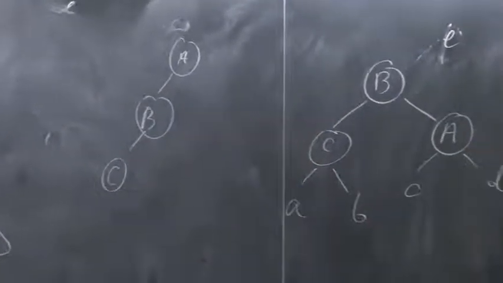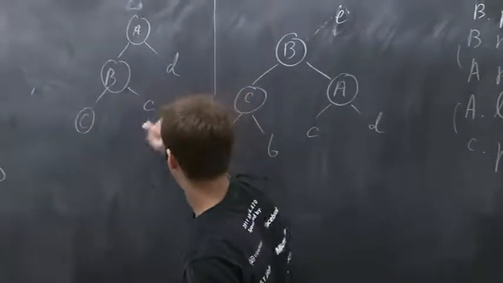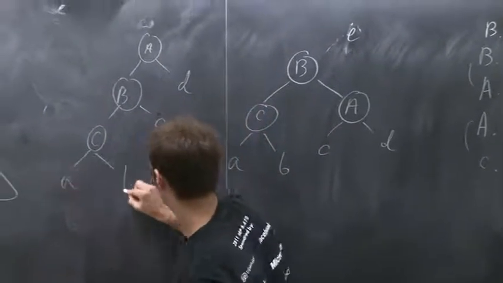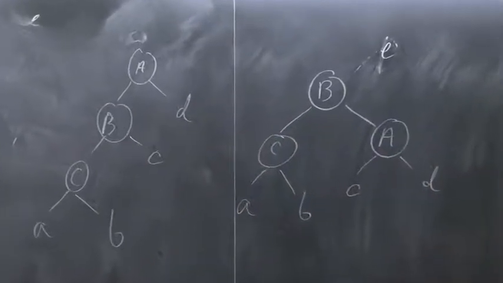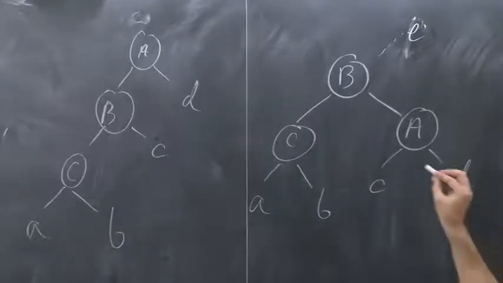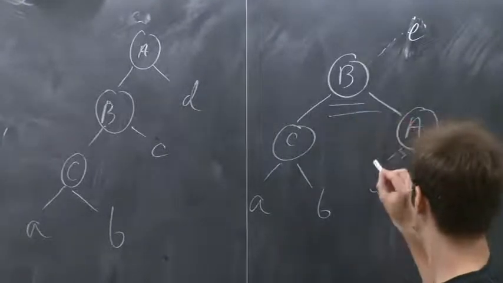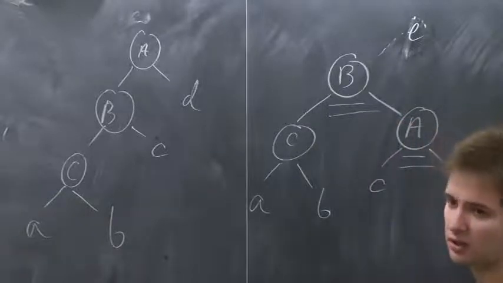What heights changed here? So when I did this rotation, what heights changed? B's height change? B and potentially A. Okay.